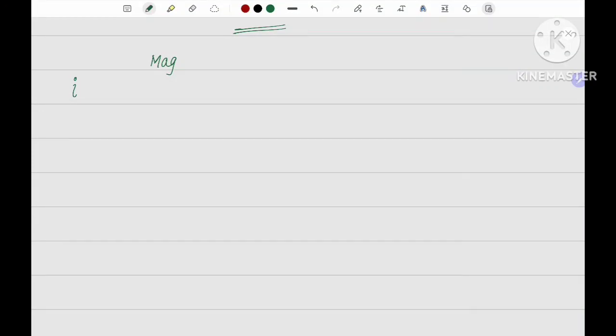I can say root of x square plus y square, that means root of the real part of the complex number squared plus the imaginary part of the complex number squared, and then find the value. Or I can use the representation in the Argand plane and find out where this point is in the Argand plane, and then I will see how far that point is from the origin, and that will give me the magnitude.